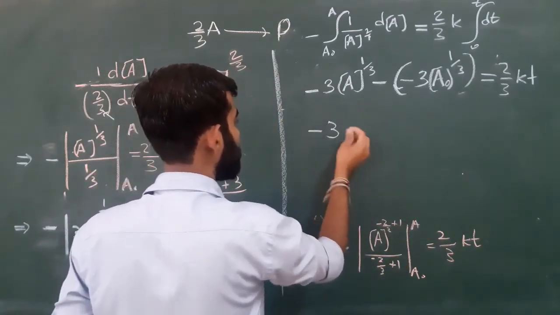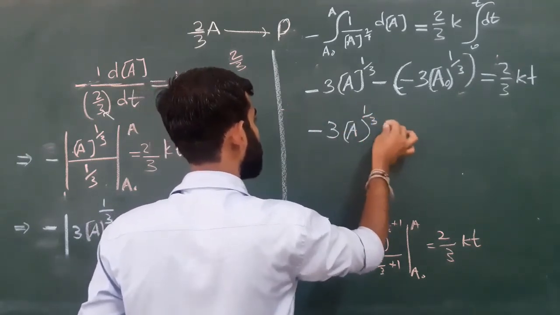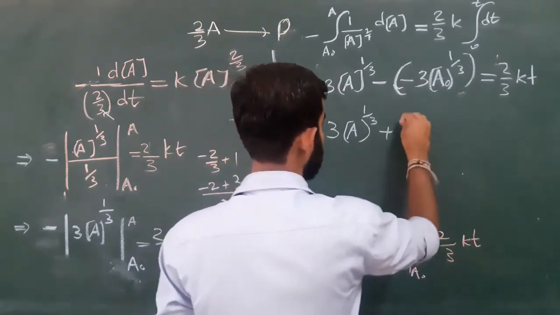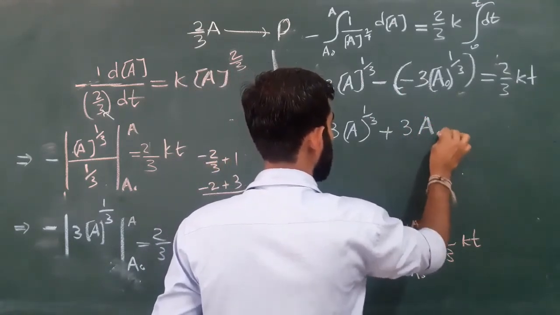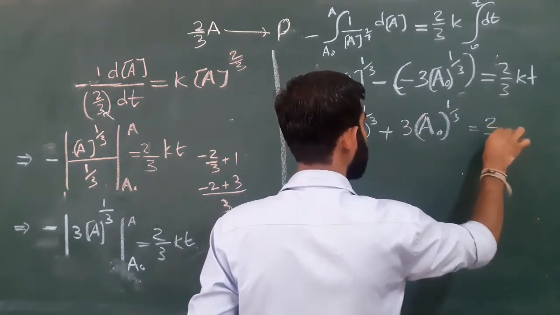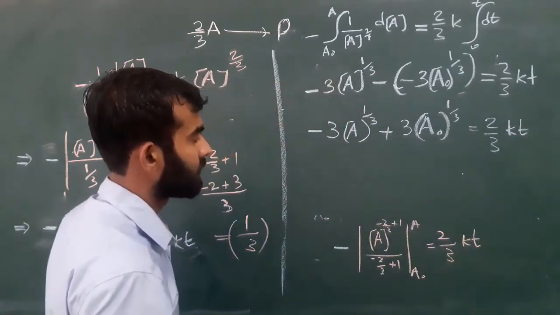Minus 3 a 1 over 3, minus minus will be plus, and 3 a naught 1 over 3 equal 2 over 3 kt. Okay.